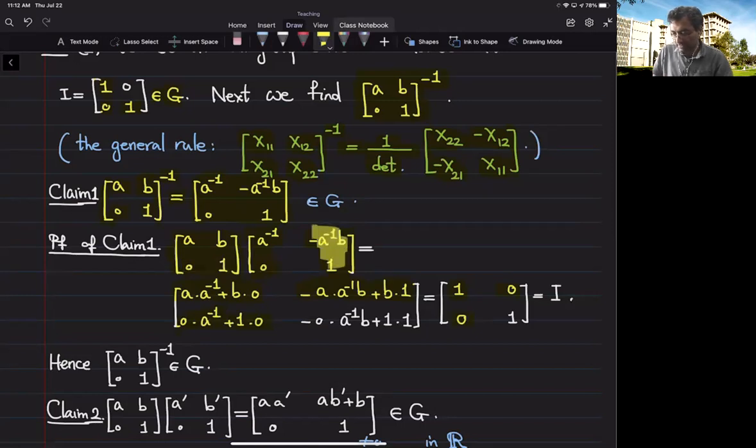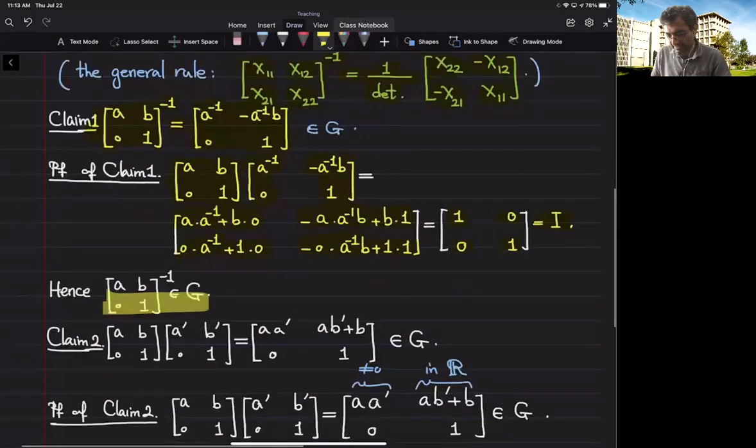This times this, 0 times this is 0, 1 times this is 1, I end up getting 1, and that's the identity matrix. Therefore, this is indeed the inverse of the matrix AB01. That gives us the first claim, and in particular, the inverse of every element of the set G belongs to the set G.